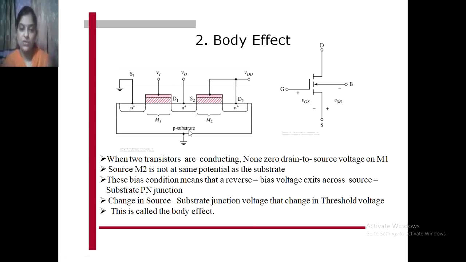So a change in the source substrate junction voltage changes the threshold voltage. So this is called the body effect. Okay.